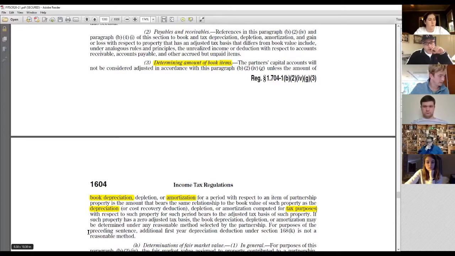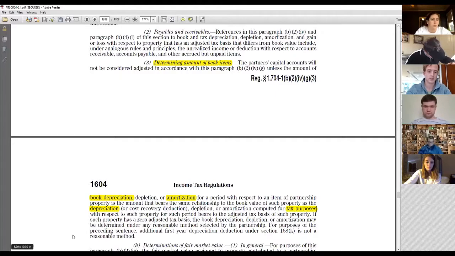So then once we know how to calculate book and tax depreciation, we can then apply the rules for the 704C methods. And let's see how we do that. The example I'm going to use here, and there are good examples in the regs.